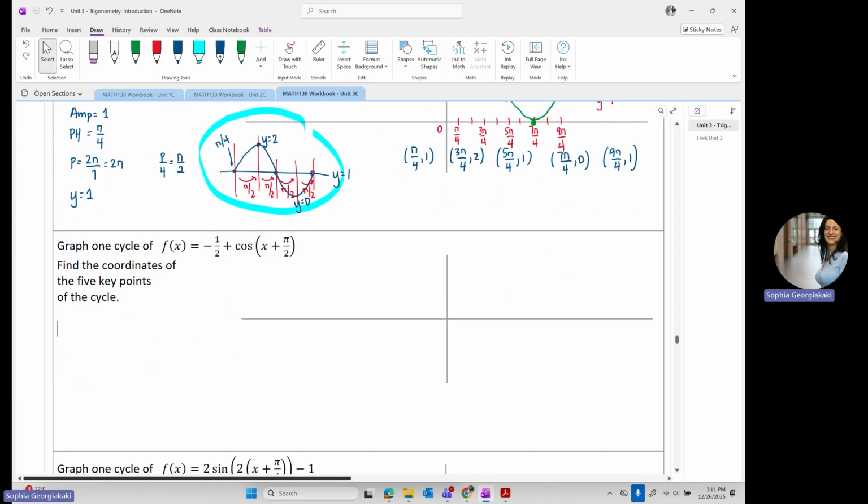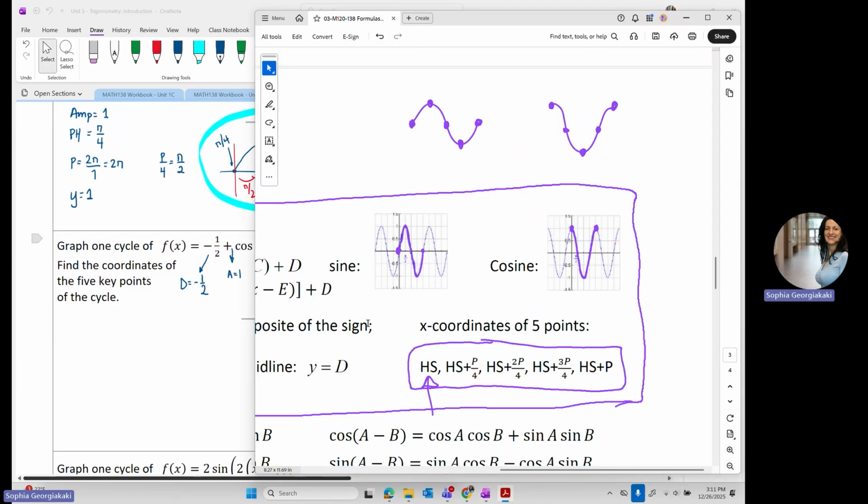Let's do this one. This has an A equal to 1. It has a B equal to 1. It has a C equal to negative pi over 2. And it has a D equal to negative 1/2. So again, remember to reference your packet.